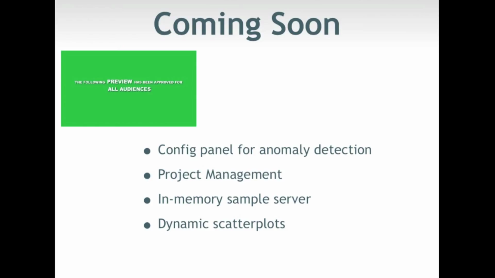Now the next two items, the in-memory sample server and the dynamic scatter plots, evolved out of a need to visualize the output of the anomaly detector. We've generalized them so that they'll be applicable to data sets in general.